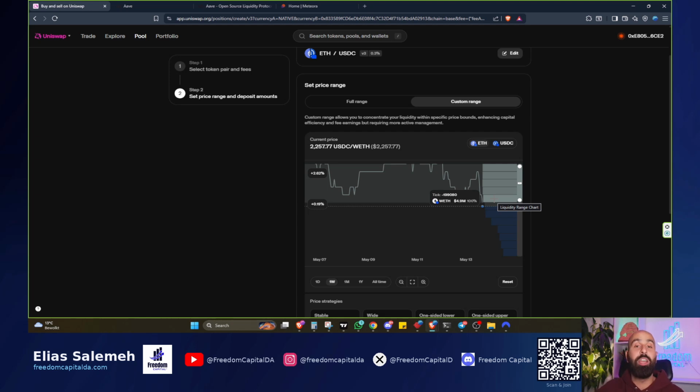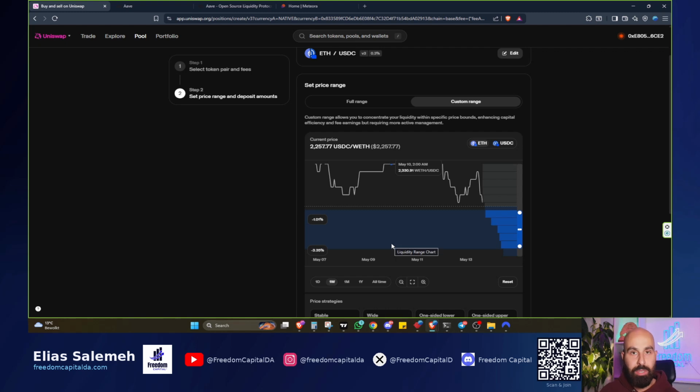And the opposite is true. If they want to enter a position, rather than going to an exchange and buying Ethereum by swapping USDC into Ethereum, you can deploy single-sided liquidity to the downside. So let's say I expect the price of Ethereum to fall 3% in the coming few days, and I want to enter a position.